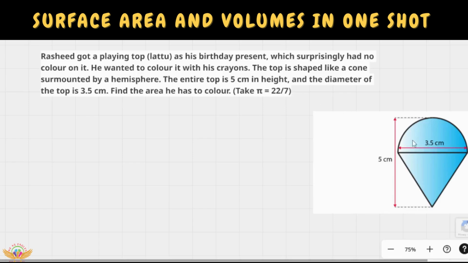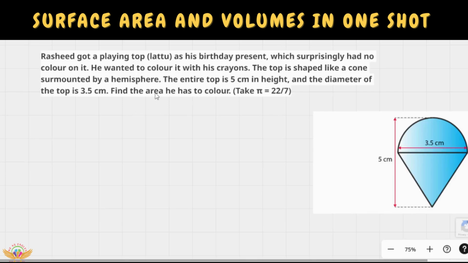The entire top is 5 centimeters in height, and the diameter of the top is 3.5 centimeters. So now we have to find the area to color, meaning the complete area of the hemisphere and also the area of this cone. If we add both of these, we will get the complete area to color.